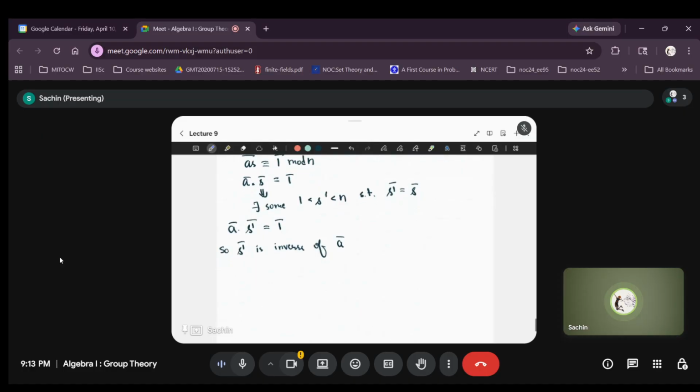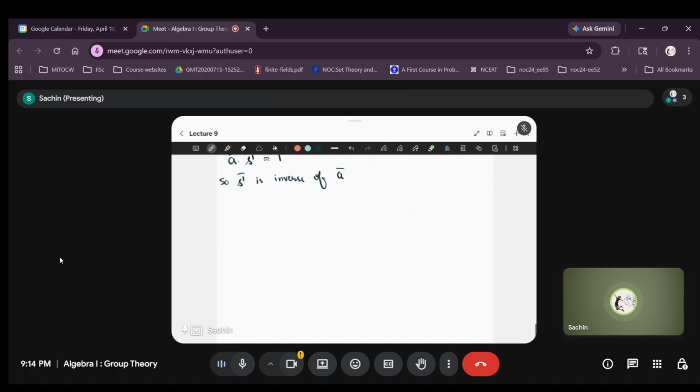But suppose you have studied integral domains and you know that when n is prime, Z mod nZ is an integral domain. Suppose you know that fact. Then what you can do is you take that non-zero element. So a bar was all non-zero elements must have an inverse. So you don't need to consider zero.